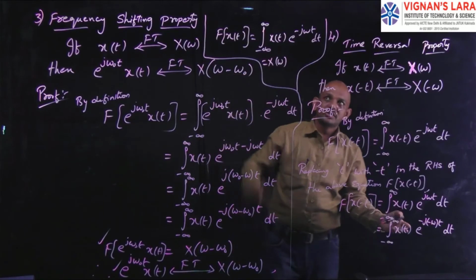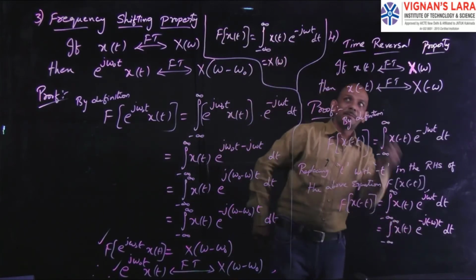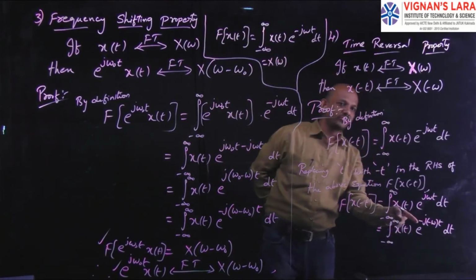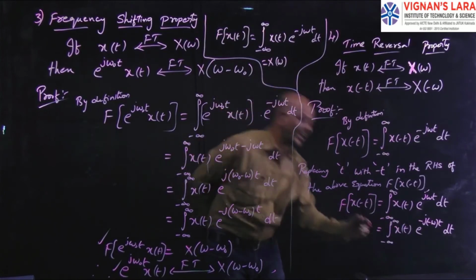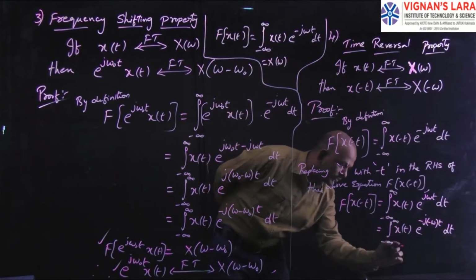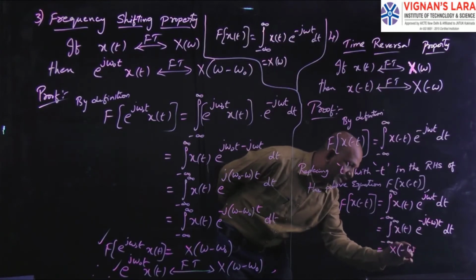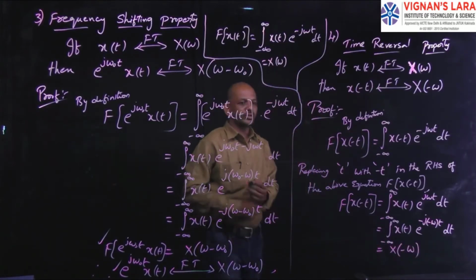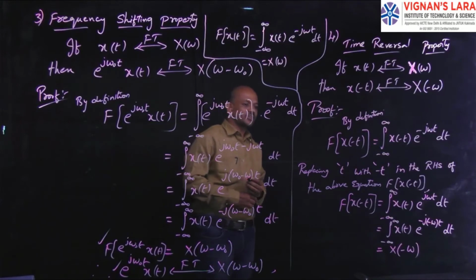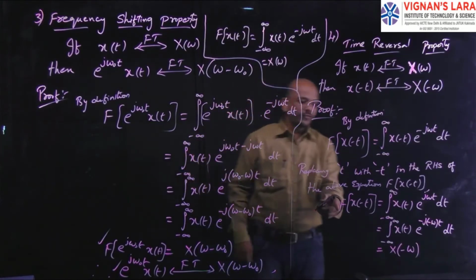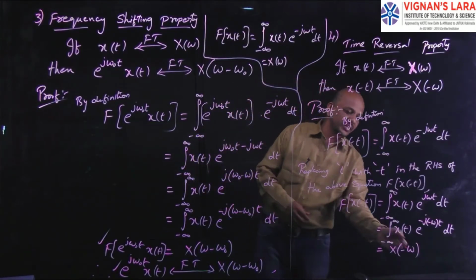So the Fourier transform of x of minus t is nothing but X of minus omega.